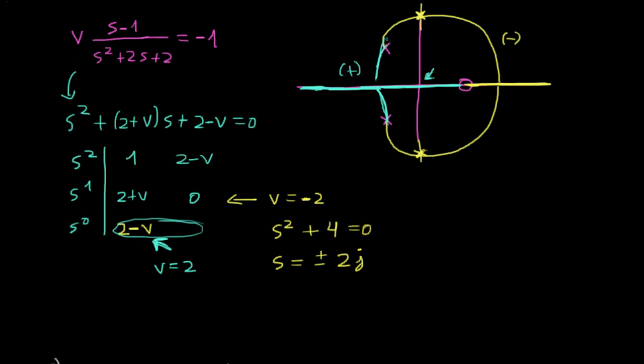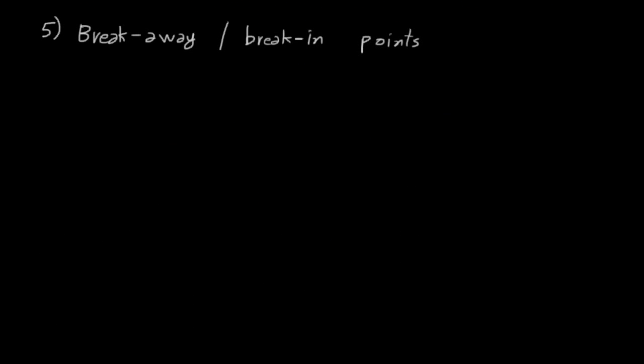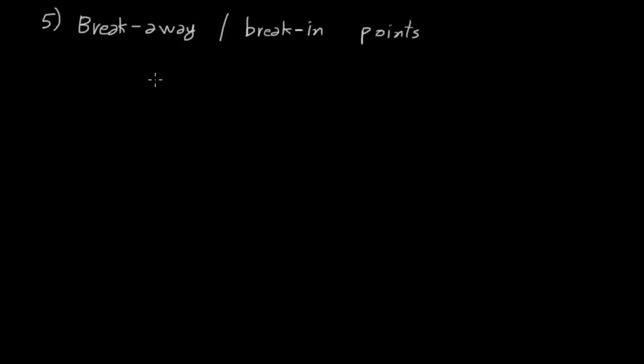Okay, the next rule defines breakaway and breaking points. They appear in the real axis when there's a piece of root locus, or branches of the root locus, between two poles, and since in those two poles two branches begin, they must try to somehow find a 0 to end.